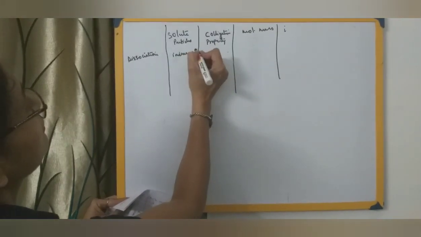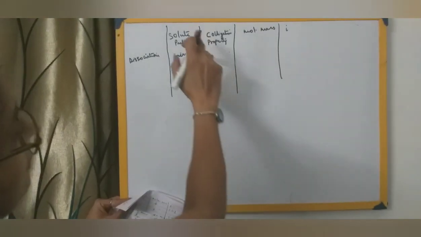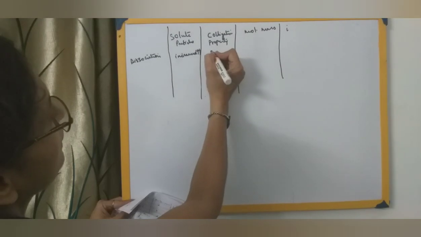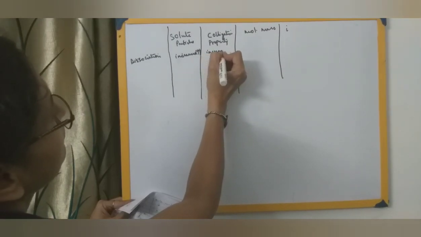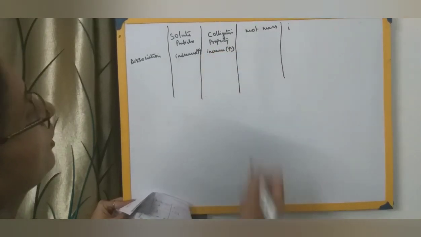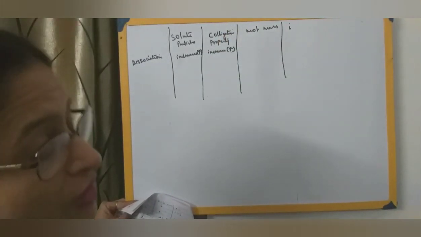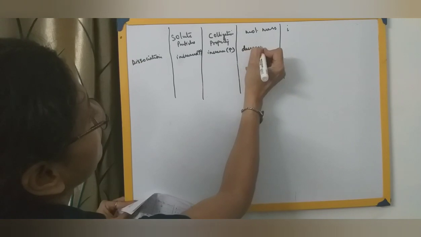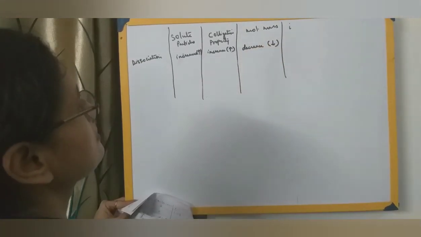I am representing it with an arrow over here. The number of solute particles is directly proportional to the colligative property, so this will also increase. But colligative property is inversely proportional to molecular mass, so this is going to decrease.